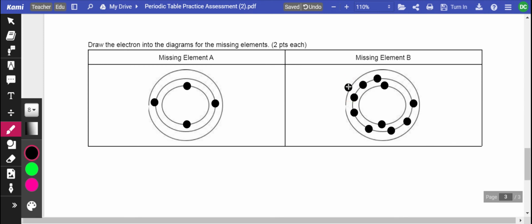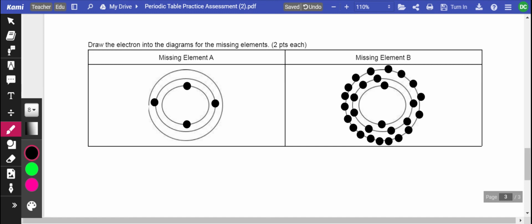So we will place 18 in the third level. Again, to review, we've got 2 in the first level, plus 8 more in the second for a total of 10, plus 18 in the third for a total of 28.